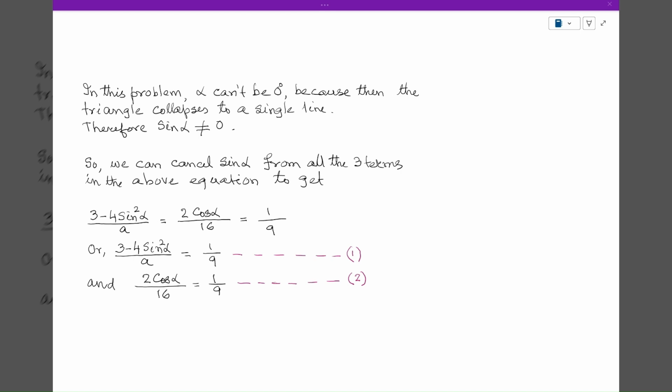We can write this in the form of two separate equations, the first being 3 minus 4 sine square alpha is equal to 1 by 9. Let us call it equation 1. And the other one is 2 cos alpha divided by 16 is equal to 1 by 9.